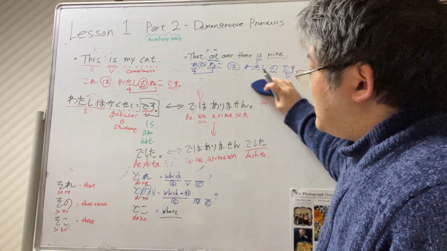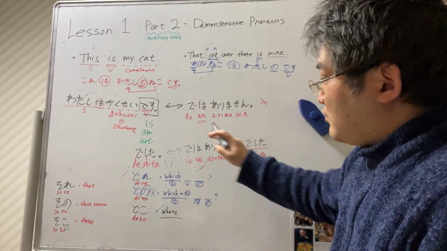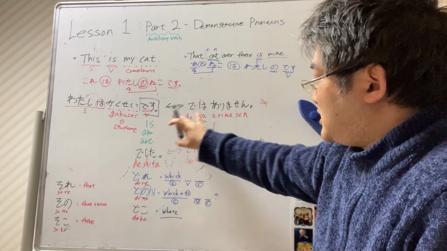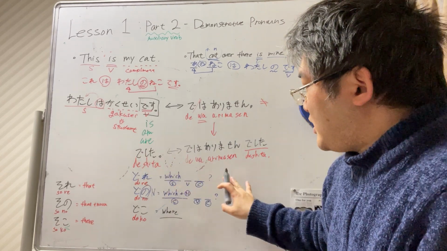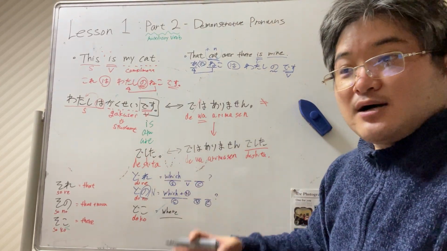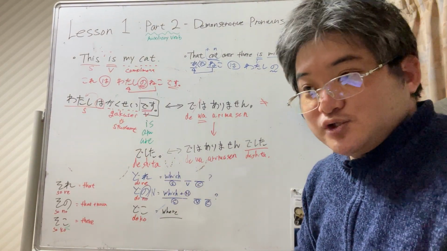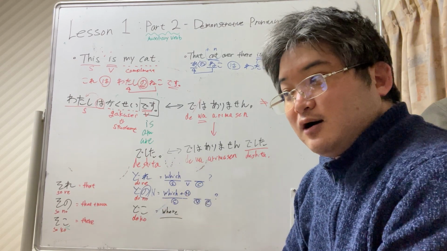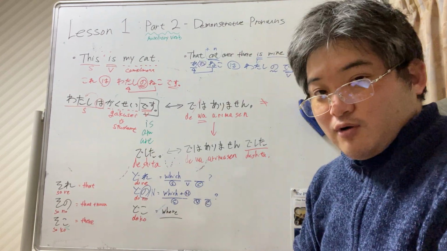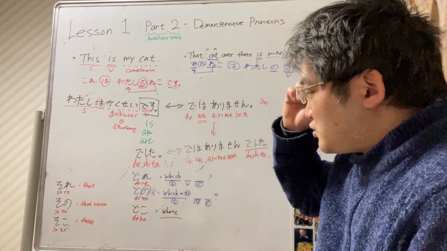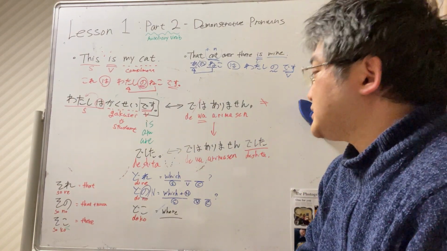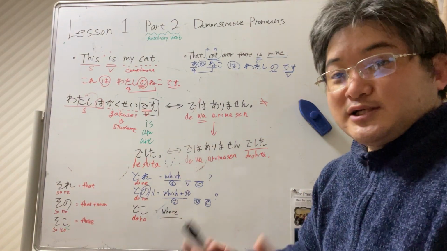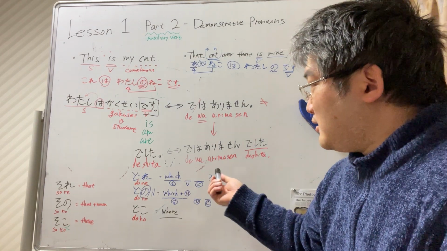So when I say です ではありませんでした, it may sound unfamiliar to you, or you may be more familiar with the plain form version of that. But you can never go wrong with the polite form.